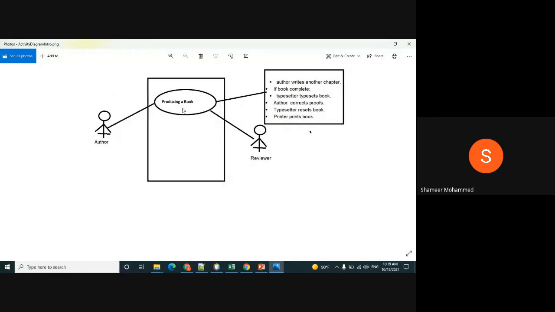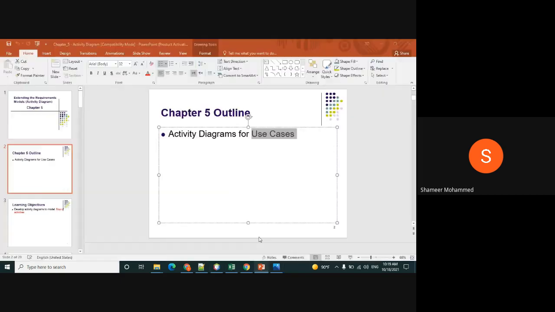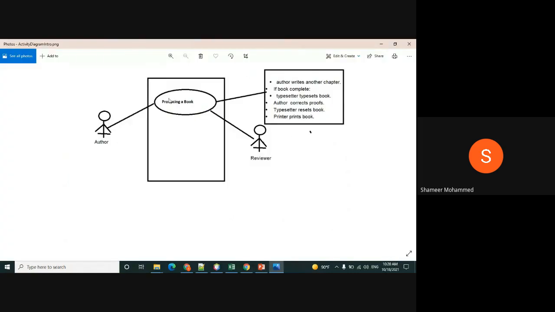See, like this I am telling now. Produce a book. Who will produce a book? Author. The author will write a book. How will you write? What is the process? That process I am trying to explain to you with the help of another diagram. This is a use case diagram. For that reason we are studying this lecture, activity diagram for use case. This is one use case.